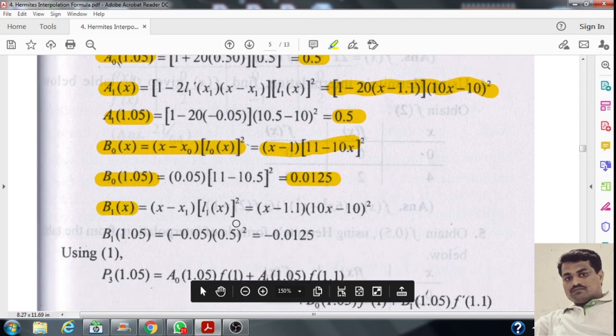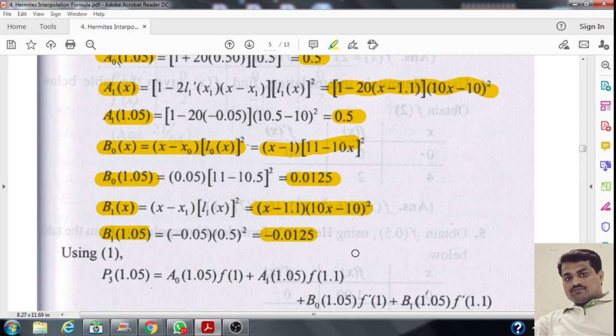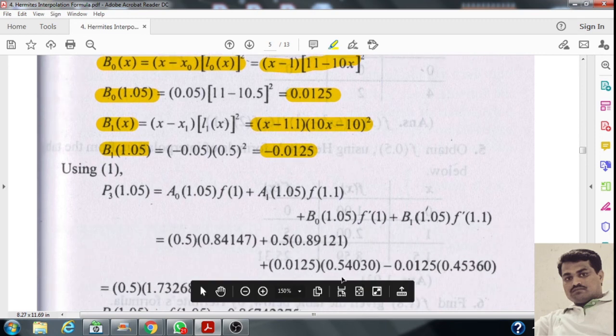Similarly we get B1 of x equal to x minus 1.1 into 10x minus 10, bracket squared, and then B1 of 1.05 is equal to minus 0.0125.